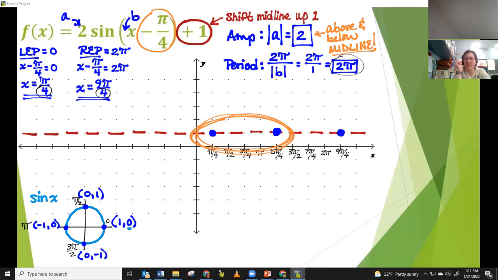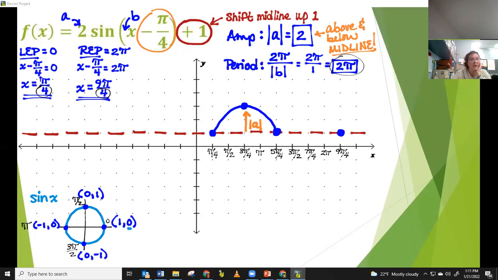How far up do I need to go off the midline? I need to go up 2. I need to go up 2 units off my midline because of my amplitude. So like that.